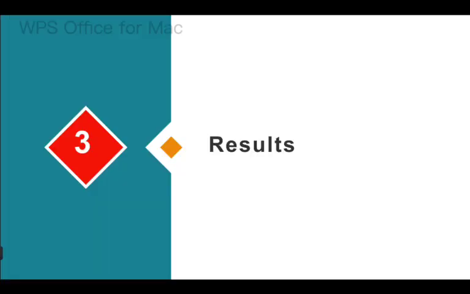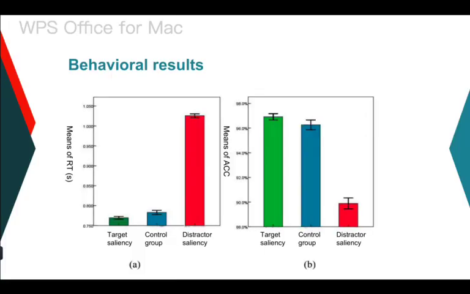Then, as long as there is a distractor, reaction time was increased and accuracy was decreased. When the distractor was more salient, the change was significantly bigger.